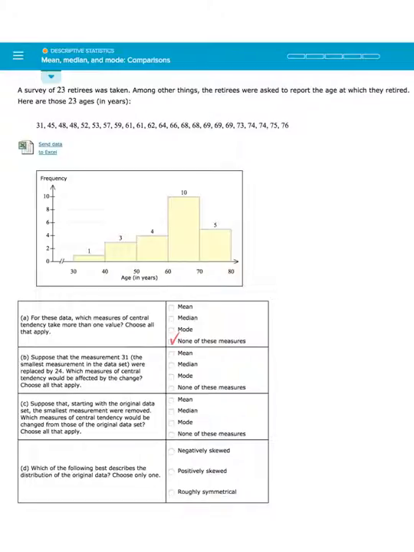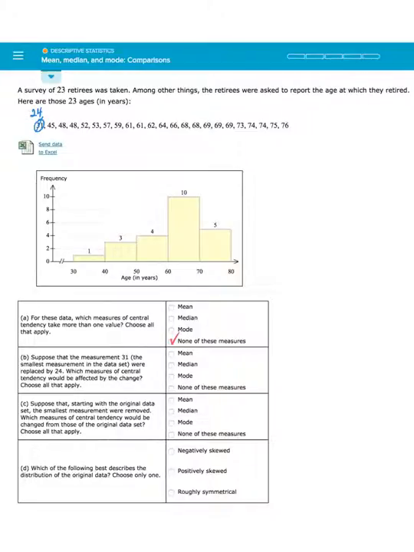In part B, we asked the following. Suppose that the measurement 31, which is the smallest measurement in the data set, were replaced by 24. Which measures of central tendency would be affected by the change? Choose all that apply. What would happen if we took 31 and replaced it by 24?